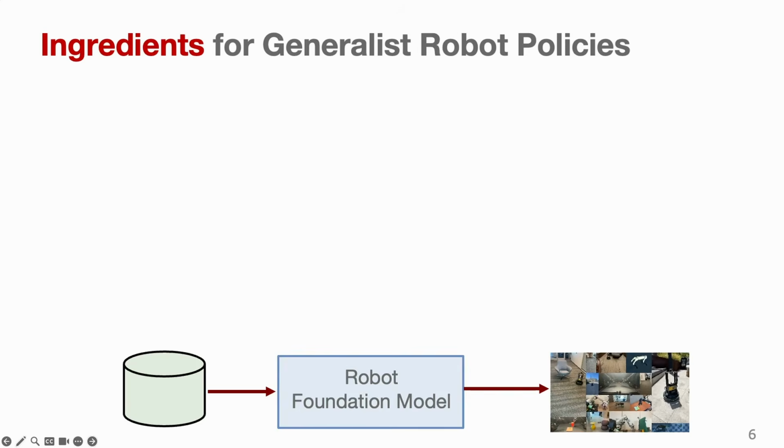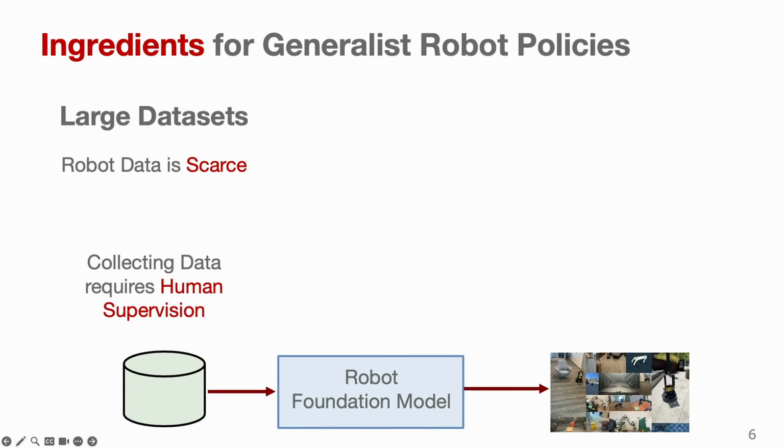So let's talk about what are some of the key ingredients that we need in order to develop such generalist robot policies, and what are some of the key differences and challenges in applying the same recipes that have worked in NLP and vision to robotics. So to start with, the first obvious thing that you'll notice is that in robotics, we don't have the luxury of really large-scale robot data sets that are comparable in size to the ones that you will find in NLP and vision that are used for frontier modeling nowadays.